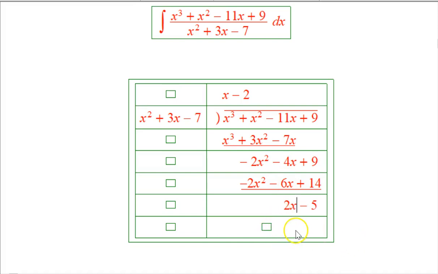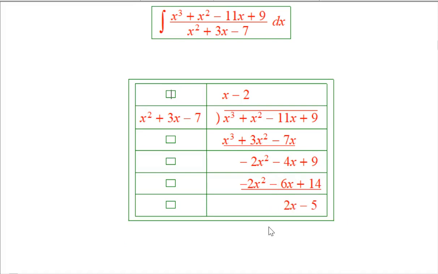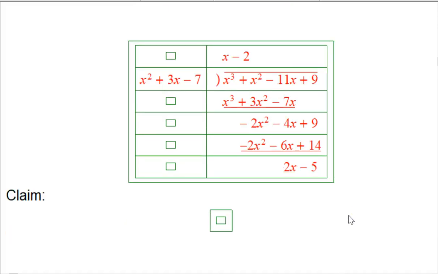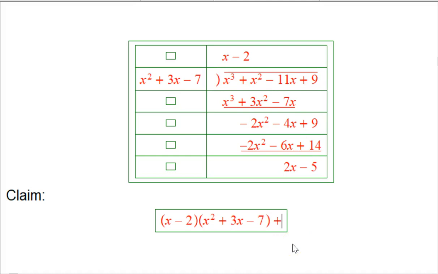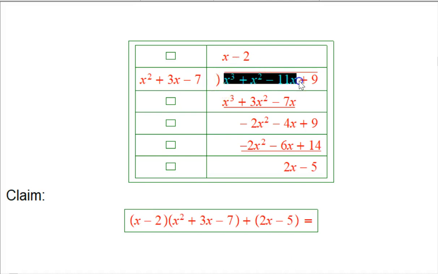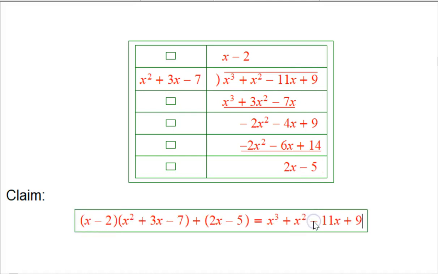So I'm claiming that if we want to write it out in normal algebraic notation, x minus 2 times x squared plus 3x minus 7 is not quite going to be x cubed plus x squared minus 11x plus 9, but that plus 2x minus 5 should be this. That is what this is supposed to demonstrate.